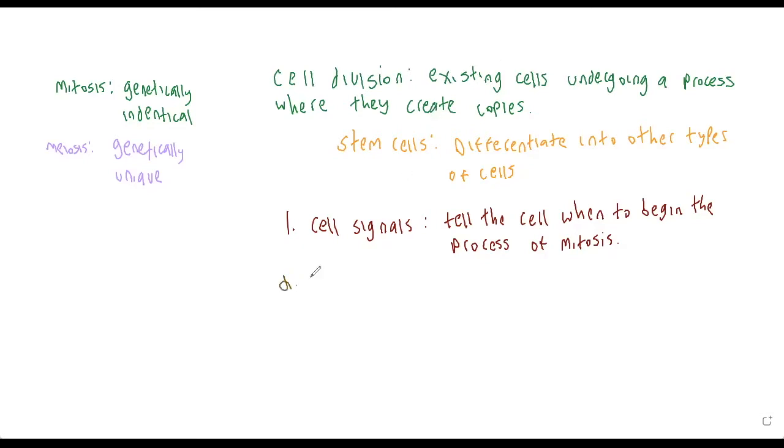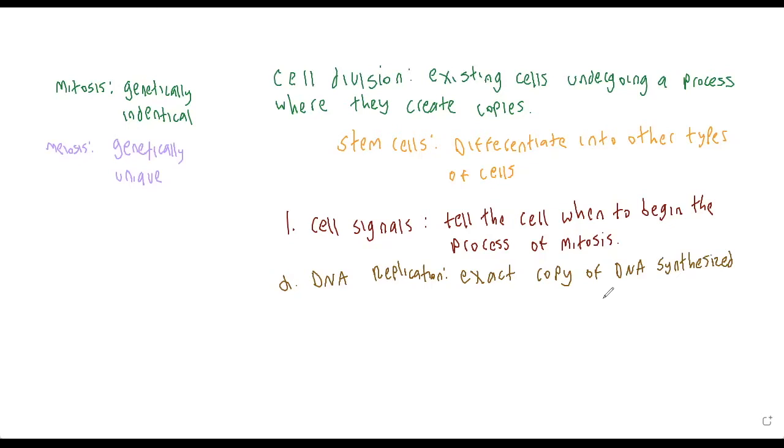Two, you must have DNA replication. What this means is that the existing copy of DNA in the cell must be copied. So there must be an exact copy of DNA synthesized. DNA is not just copied, it actually has to be synthesized, or made anew.